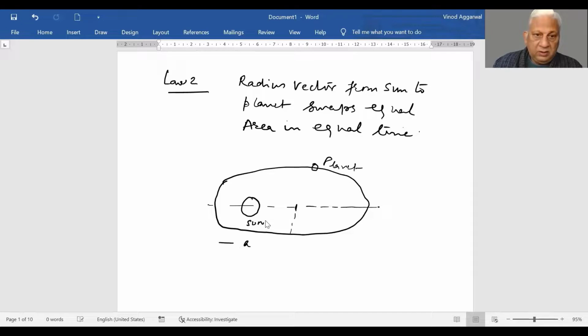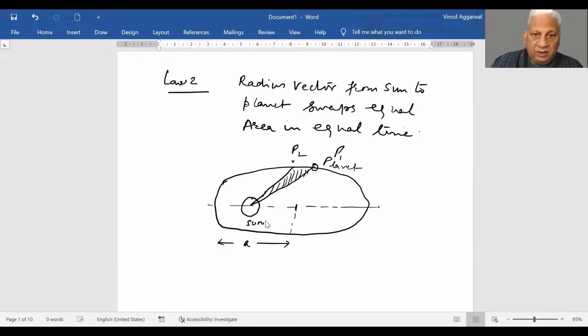Let us say the semi-major axis is A. Suppose the planet is here at this moment. At some other point it goes here. The area swept is this much. So it goes from P1 to P2.